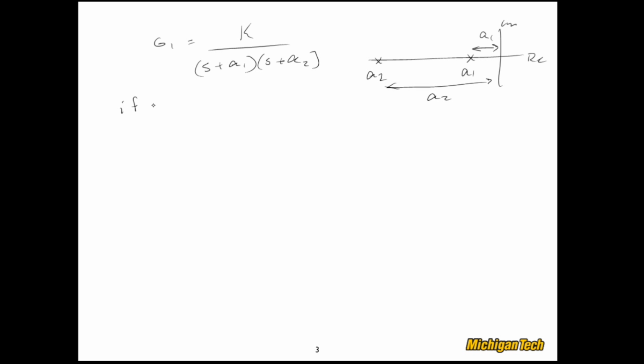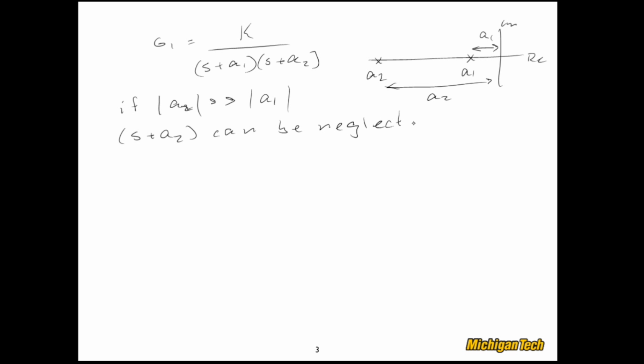Here's the interesting part. If that distance, I'll use absolute value, A2, is much, much greater than that distance, A1, then the pole, I'll write it like this, S plus A2, that whole term can be neglected.